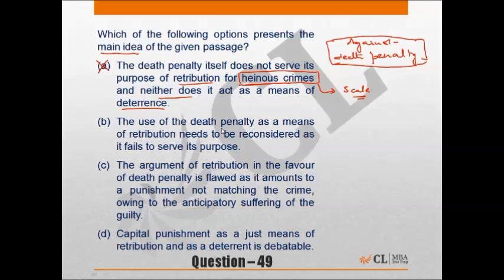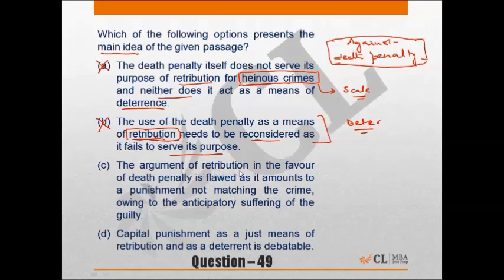Choice B: the use of death penalty as a means of retribution needs to be reconsidered as it fails to serve the purpose. There is only half the problem. Retribution was only one of the issues discussed out there, and there was also deterrence. So it is again not really taking into account all the issues. So choice B is incorrect.